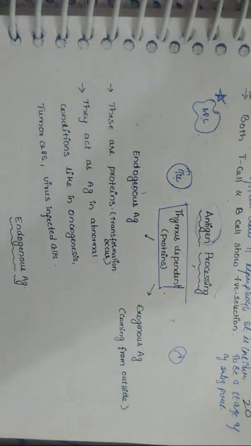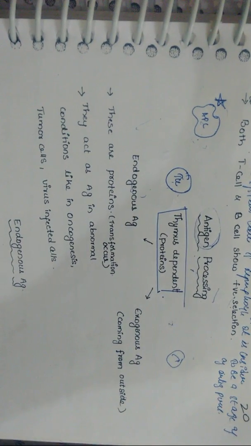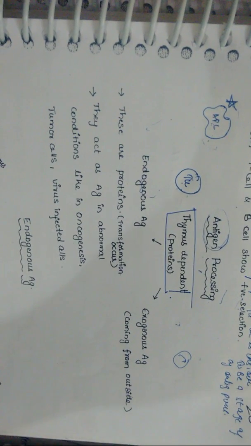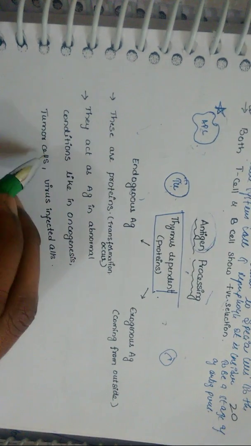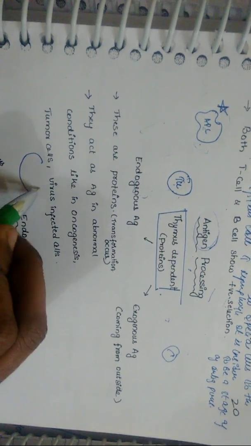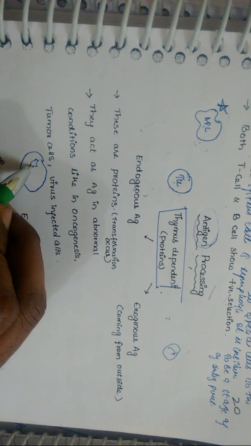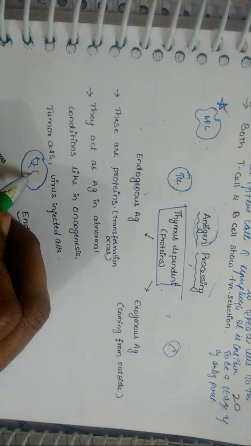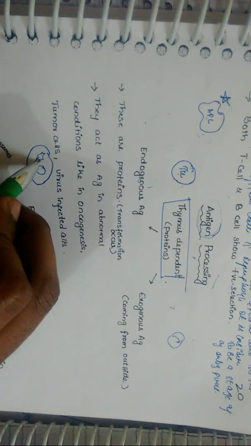What is endogenous? These are proteins where a transformation occurs, and they act as an antigen in abnormal conditions like oncogenesis, tumor cells or virus-infected cells. I'll teach you everything in detail, but right now understand that this is a cell, and this cell is infected with viral particles, which are now inside the cell.